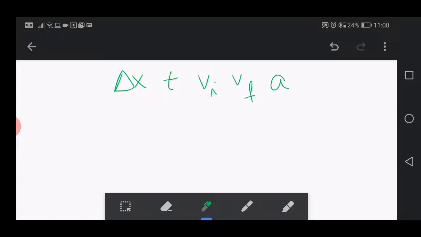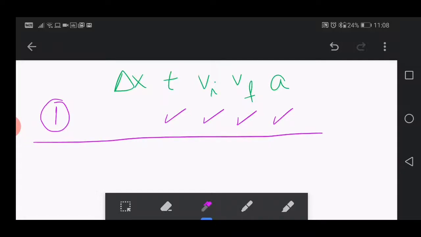And that for each of these, you have a given equation. We just saw that equation number one was an equation that said acceleration is equal to final velocity minus initial velocity, all of it divided by time.